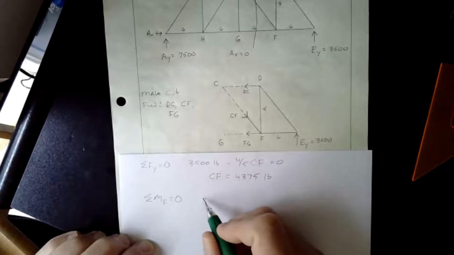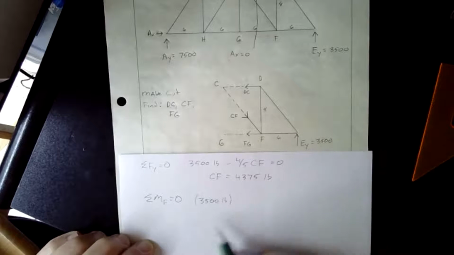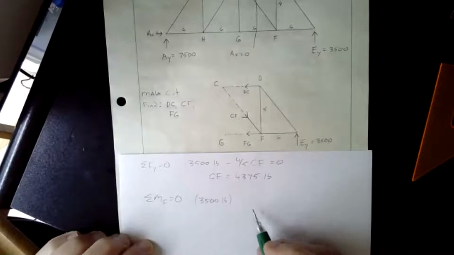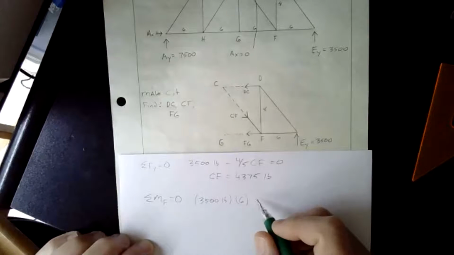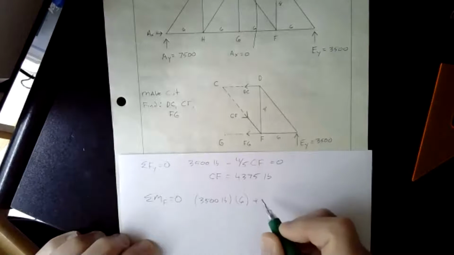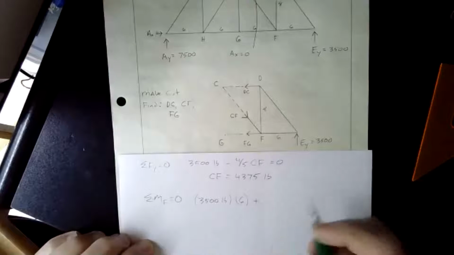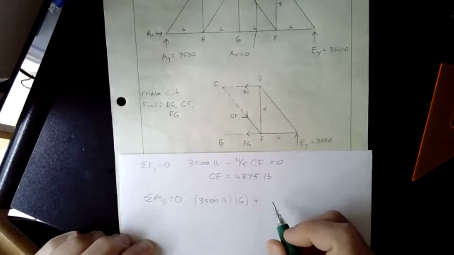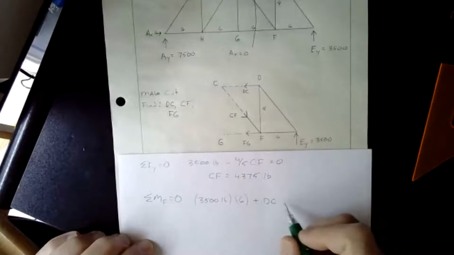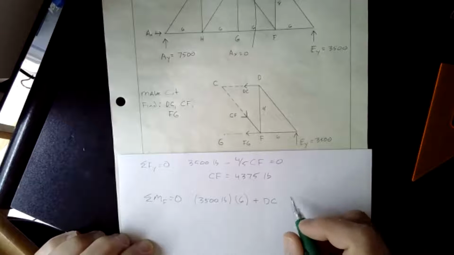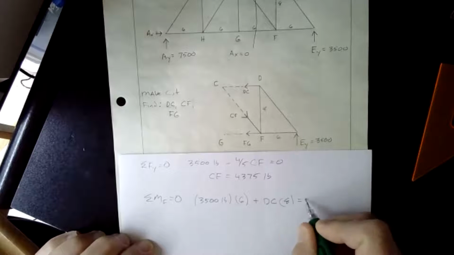We have 3,500 pounds times a distance of 6. And then the way I have it drawn, I have it going away, so it would be plus, which we could probably surmise is not right, DC or CD, whichever, times the height, which is 8, and that gives us 0.